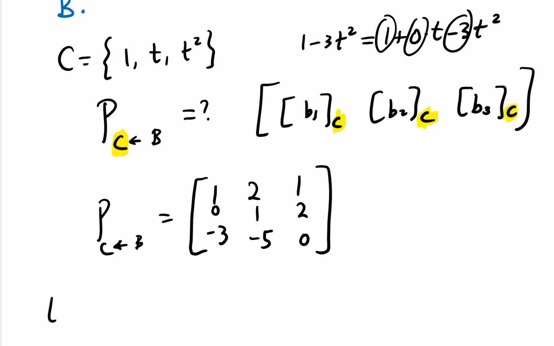Then they want us to write t squared as a linear combination. So what they want us to write is c1b1 plus c2b2 plus c3b3.